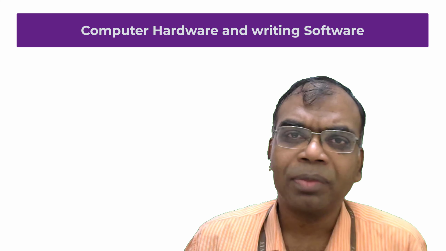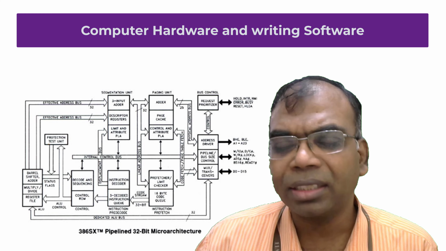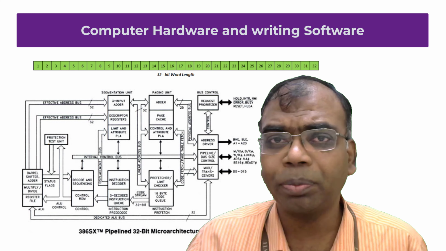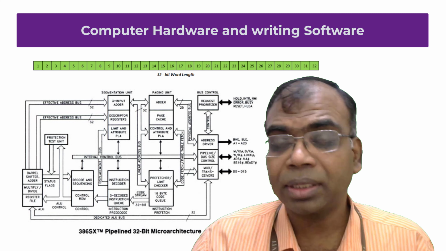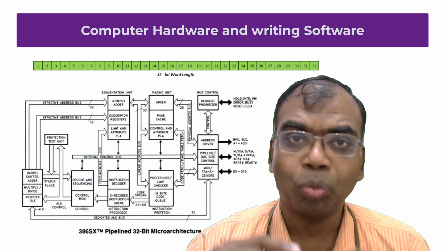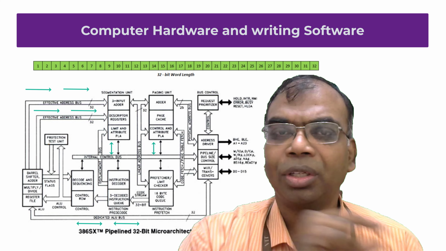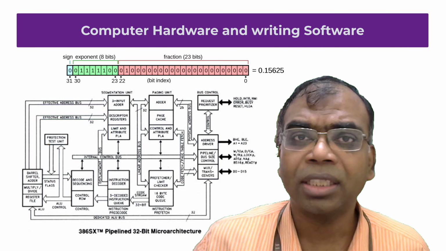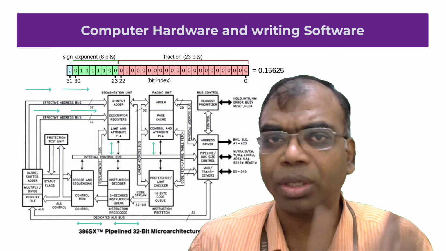If you see here, this is a very simple 386 machine. This is probably the first 32-bit computer which was made available. 32 bits means that each word or each character which you can pass from the user to different parts of the computer and the output device could work with a 32-bit word length.